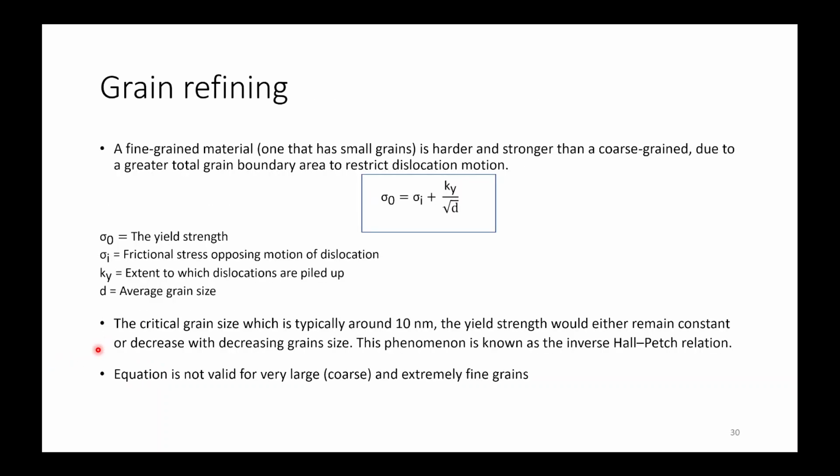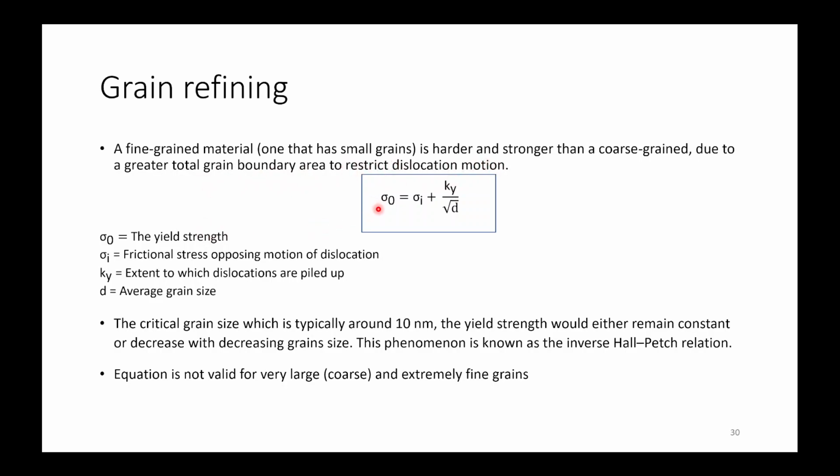First is grain refining. In this case, a fine grained material, one that has small grains, is harder and stronger than a coarse grained material, due to a greater total grain boundary area to restrict dislocation motion.